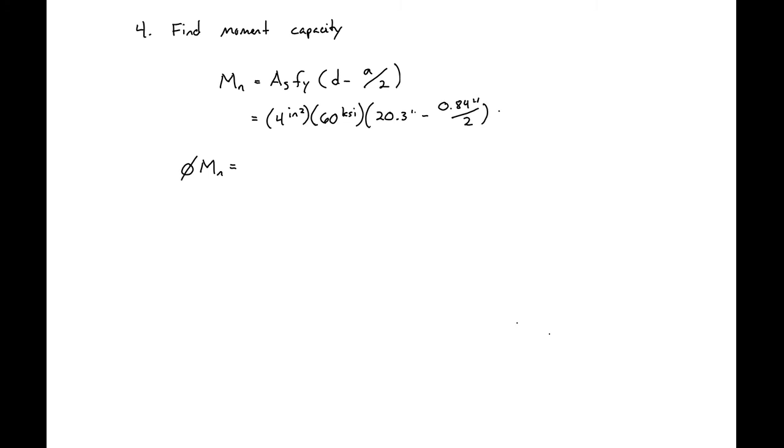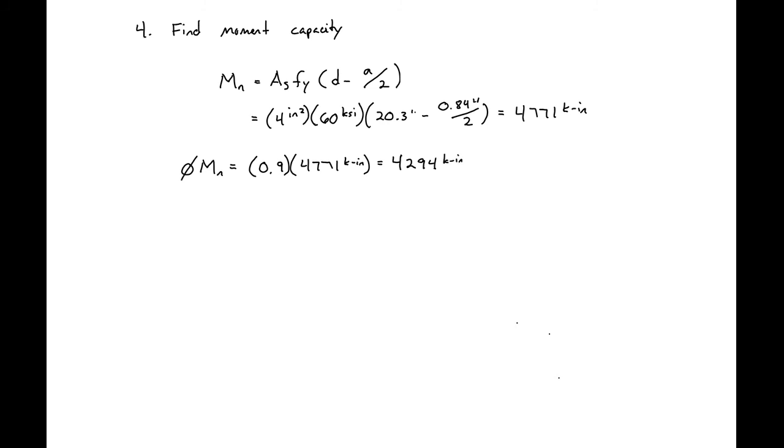And we'll get a nominal moment capacity of 4,771 kip inches. So then we can find our phi Mn is 0.9 times 4,771. And we'll find our phi Mn to be equal to 4,294 kip inches.